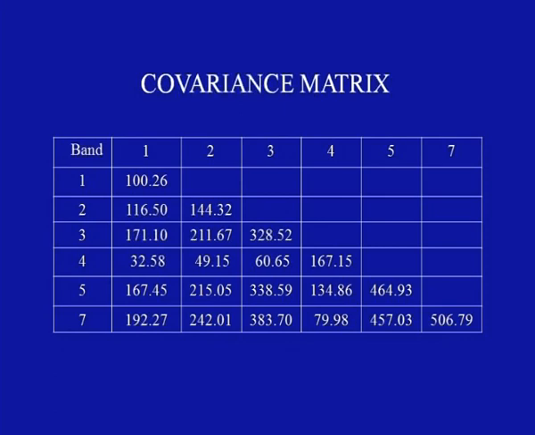Similarly, in remote sensing, this tells us the amount of information content available in each of the data sets. So, if we look at these diagonal terms, band 1 probably has the lowest value, that means it has the lowest information content in comparison to bands 5 and 7, where the values are very high.